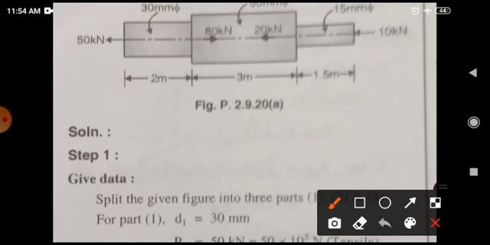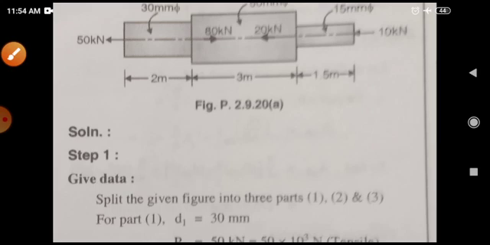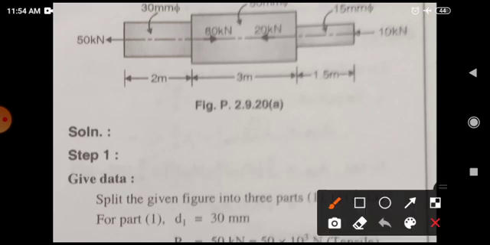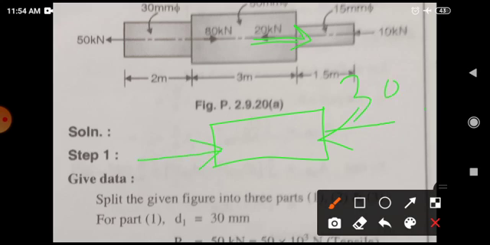Let's start with the elongation of the 3 meter rod. Since here it is 10 kilonewton compressive, that means you have to add this to 20 kilonewton. That means on this element the total load is compressive 30.